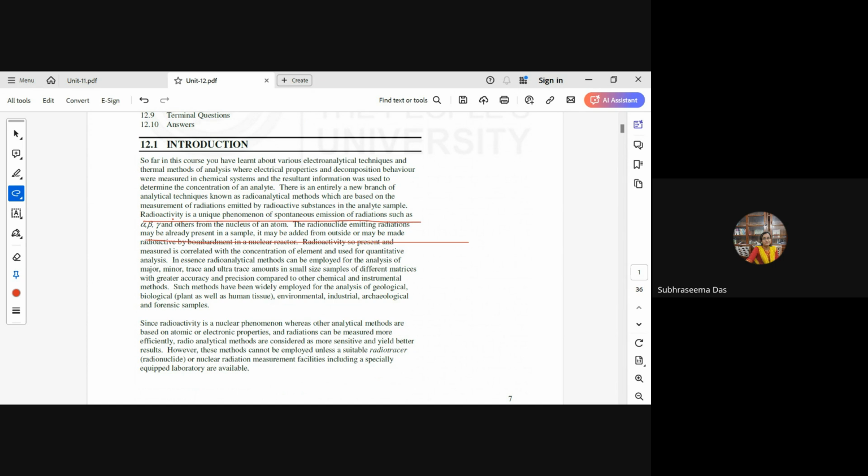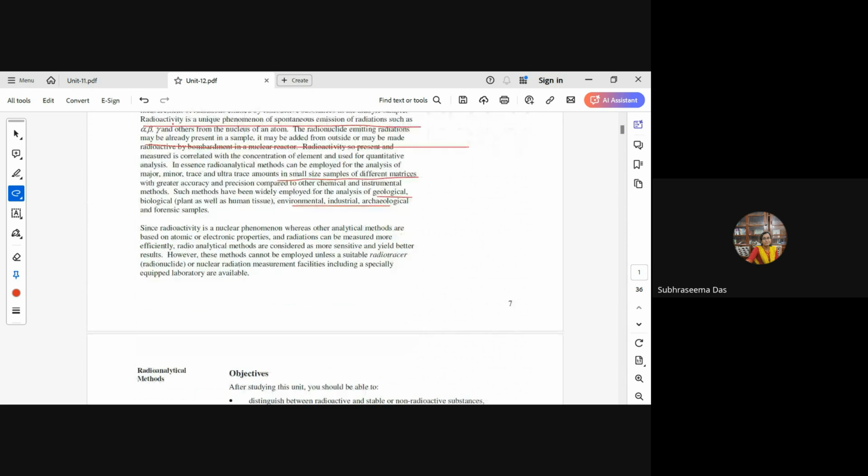So in essence, radioanalytical methods can be employed for the analysis of even ultra trace amounts present in different samples. These radioanalytical techniques have been widely used for analysis in geological, biological, environmental, and other processes. Since radioactivity is a nuclear phenomenon, whereas other analytical methods are mostly electronic phenomena.